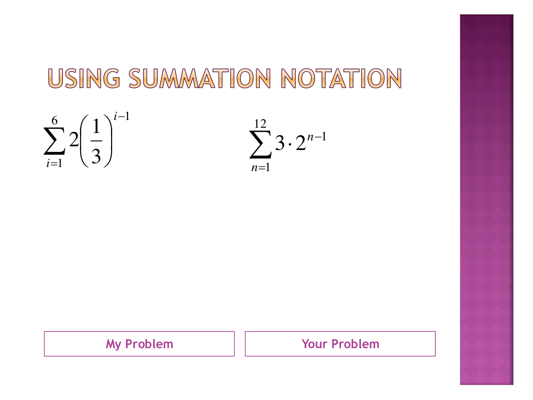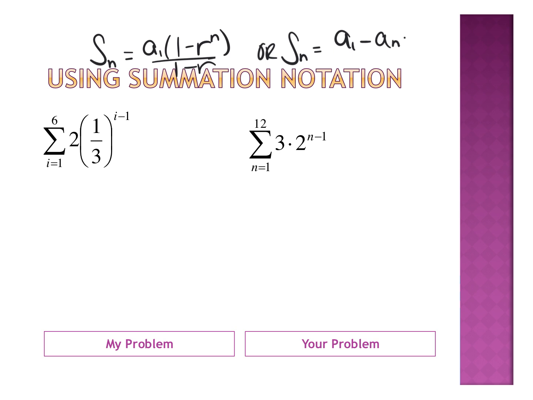So we have summation notation. We can use either equation, the sum of n terms, A1 times 1 minus r to the n over 1 minus r, or Sn is A1 minus An times r over 1 minus r. If I want to find An, I plug in the number on top.